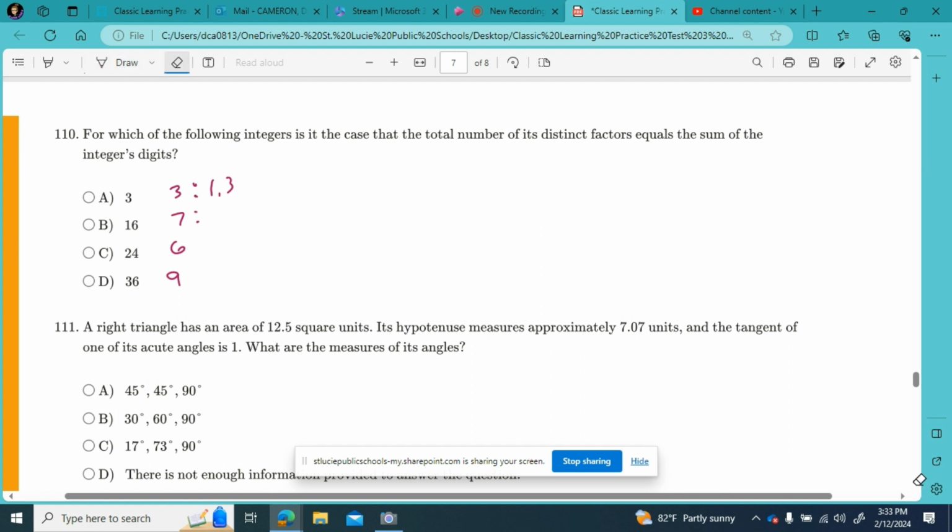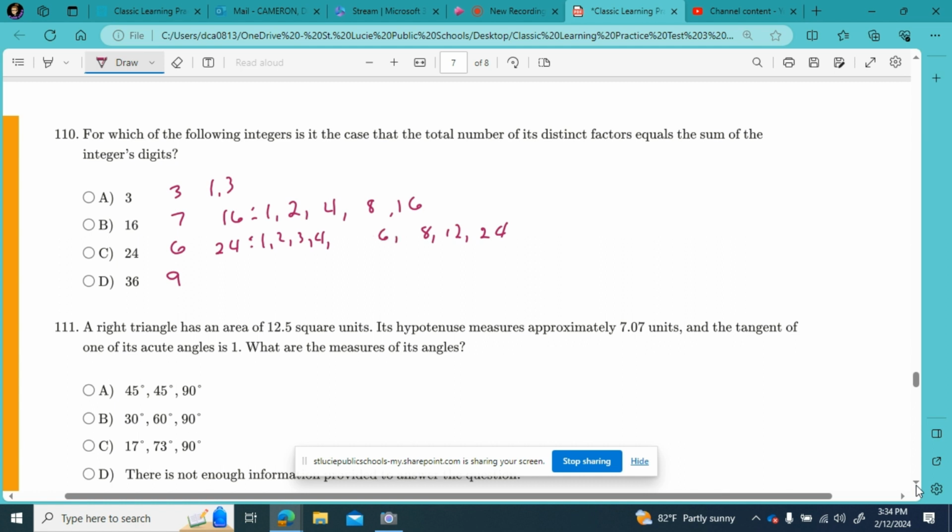Our factors of 16 would be 1 and 16, 2 and 8, 4 times 4. We have 1, 2, 3, 4, 5 of them, not 7 of them. Our factors of 24, you have 1 times 24, 2 times 12, 3 times 8, 4 times 6.